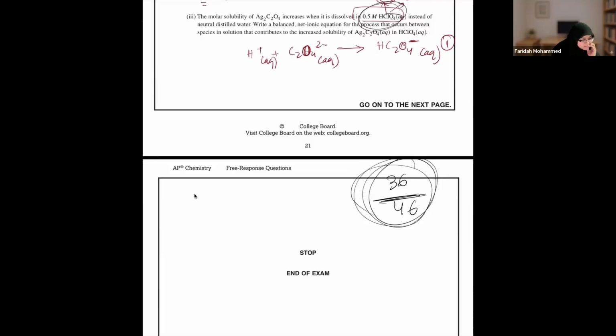Okay, good job, Anish. Text me your score. If you have 36 and above, that's a 5, which means 78%. Text me your grade, please, so I know.